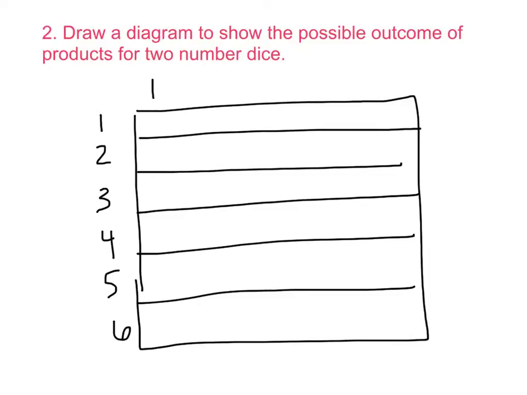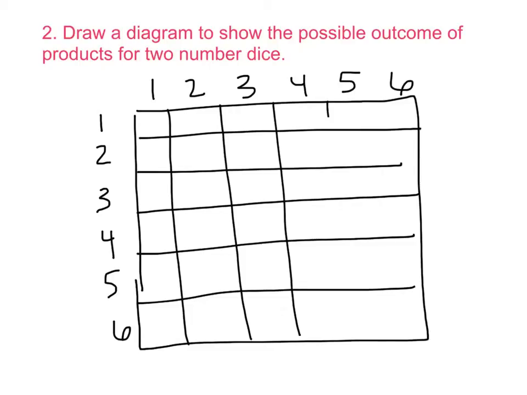Then we're going to have 6 across, 1, 2, 3, 4, 5, 6. And what we want to do here is find the product of them.